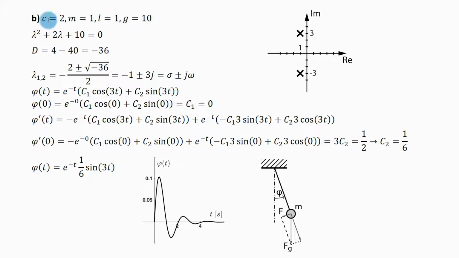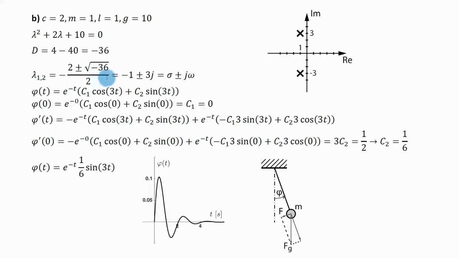When I use these constants and substitute them into that characteristic equation, I will get this characteristic equation. To solve it and find its roots, I need to compute the discriminant, which in this case is -36. With that, I can compute the roots of the characteristic equation.